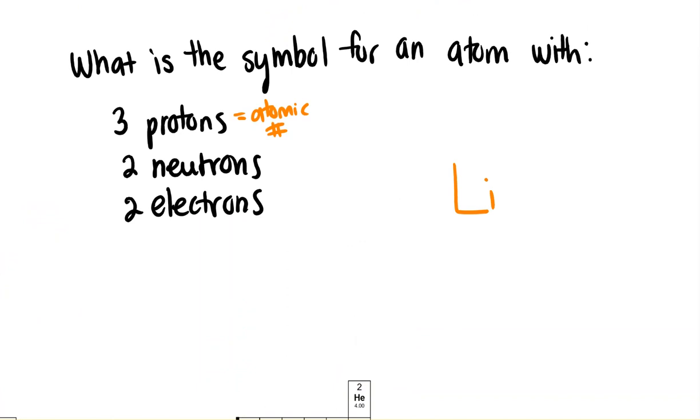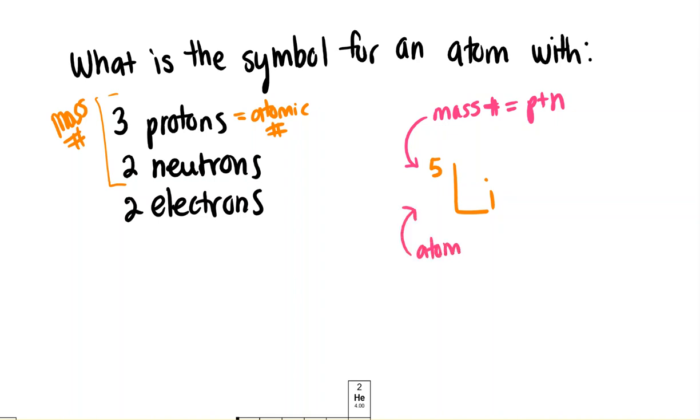Now if I want the top number, remember the top number is my mass number. That's protons and neutrons, and I was given that. I can add those up and put a 5 there. And then for the lower number, it's the number of protons, and we know that, 3.